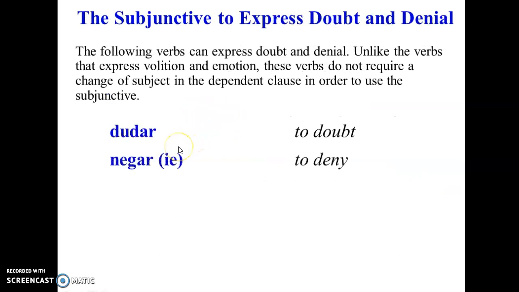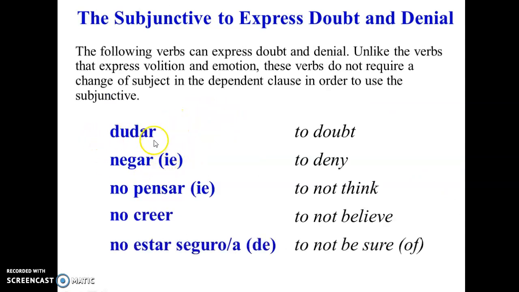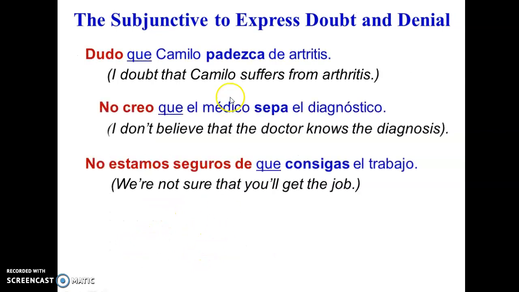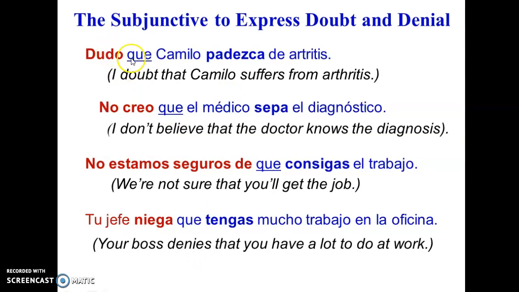These verbs express doubt and denial: dudar, negar, no pensar, no creer, no estar seguro. Dudo que Camilo padezca de artritis. No creo que el médico sepa el diagnóstico. No estamos seguros de que consigas el trabajo.